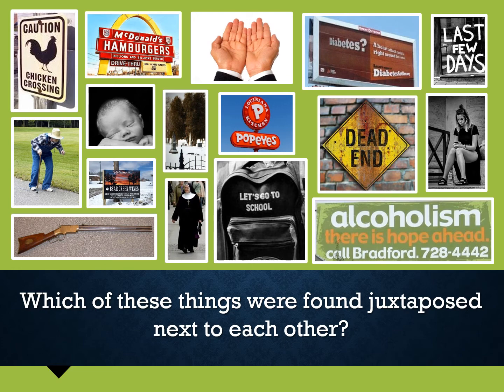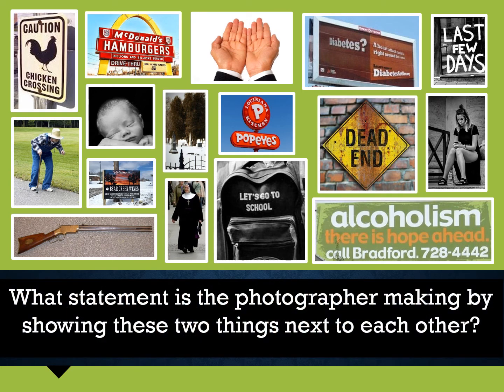So pair them up. You'll have 8 pairs of these pictures, and the two things in each pair will be found together in one photograph. The reason is that the photographer saw them in a particular setting, side by side, and snapped a picture of them.